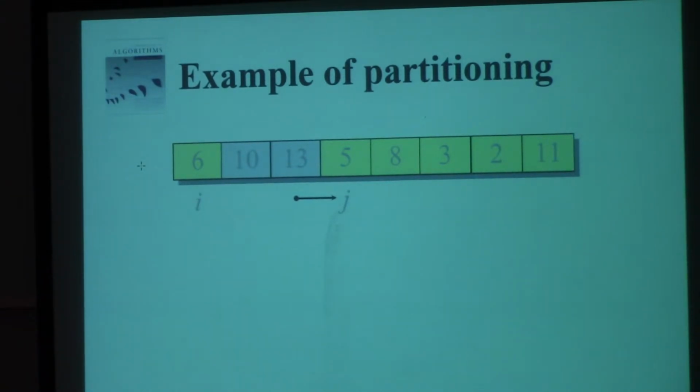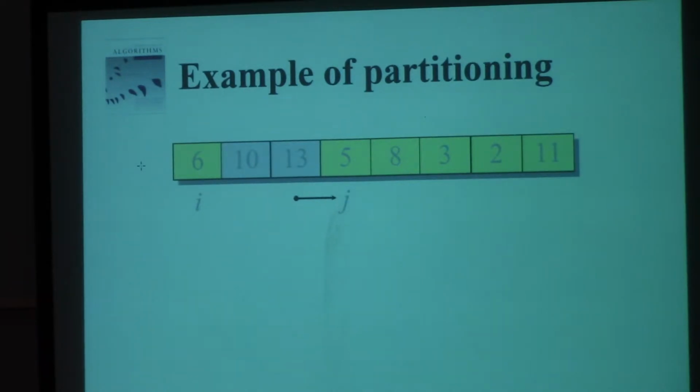So what's going to happen right now is this element has to be moved into the i location. So what are we going to do? We're going to think about what can be done. What can we do here? Clearly, somebody said i++, yes. Clearly i has to move by one spot because i has to have two elements because 5 is less than or equal to 6, so it must come into the i partition.